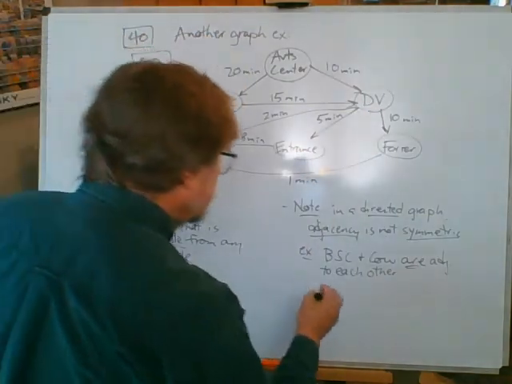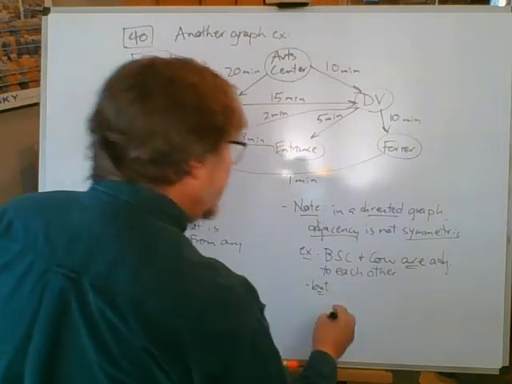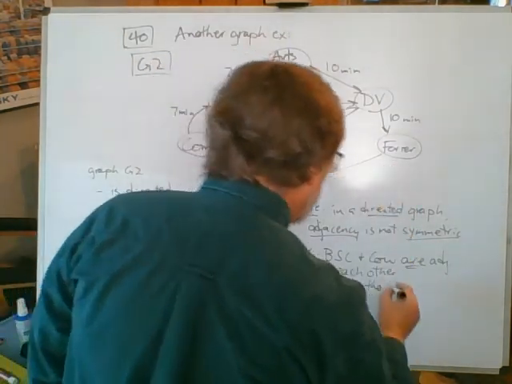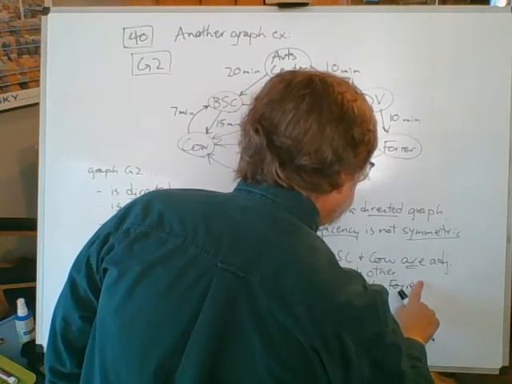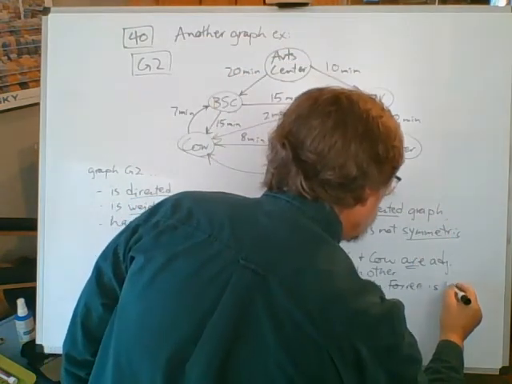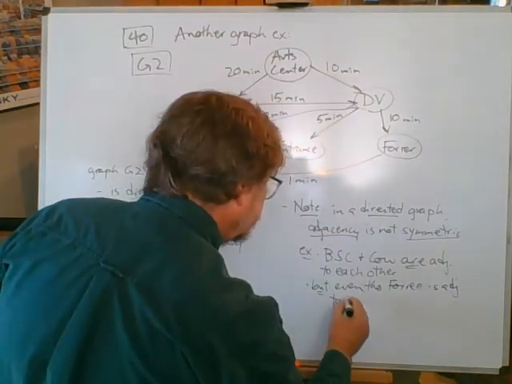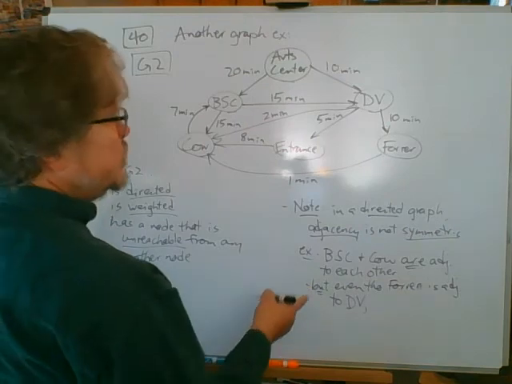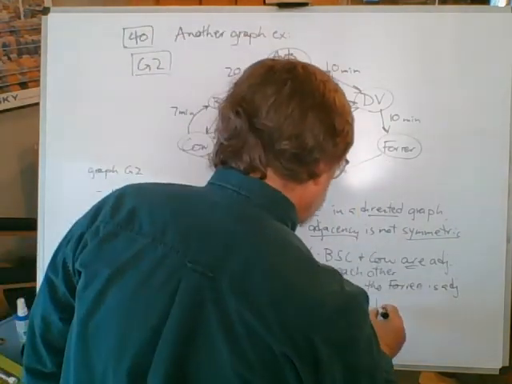Over here, Dalton Voigt, I need a but up front of this. But even though Forer, the ghost of Forer, is adjacent to DV, you know where I'm going with this, comma, drum roll, let the drama build a little bit, DV is not adjacent to Forer.